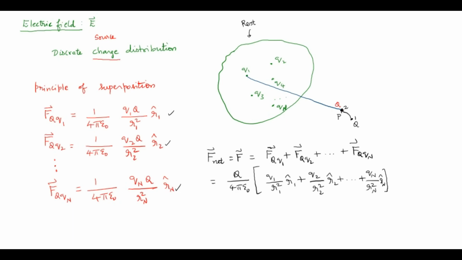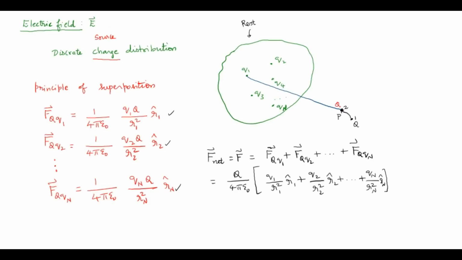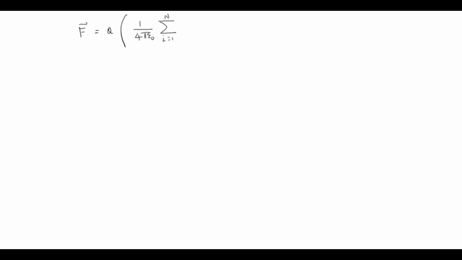So we can now express the total force as q times 1 over 4 pi epsilon 0 sum over i equal to 1 to n. I am writing this as a more general expression, where i varies 1, 2, 3 like that, so qi divided by ri square ri hat.